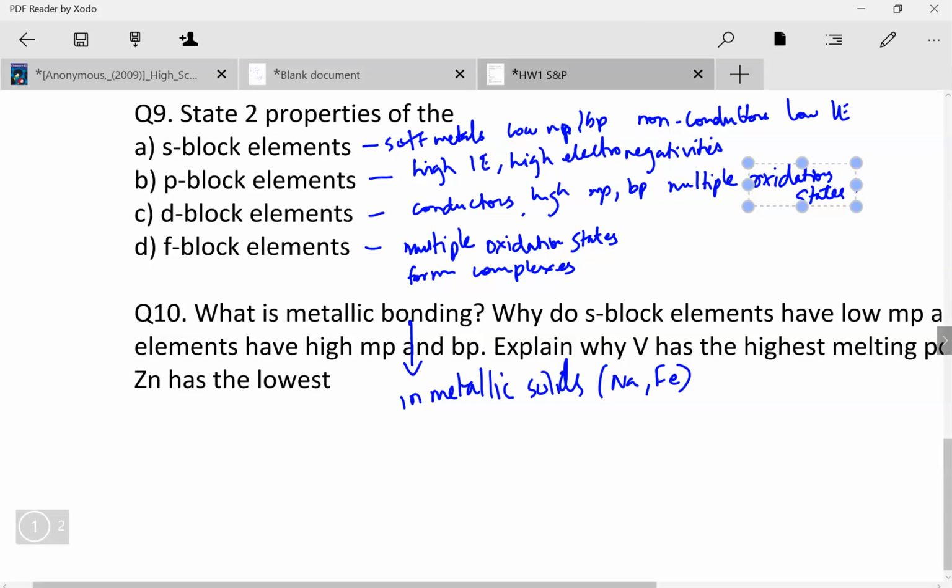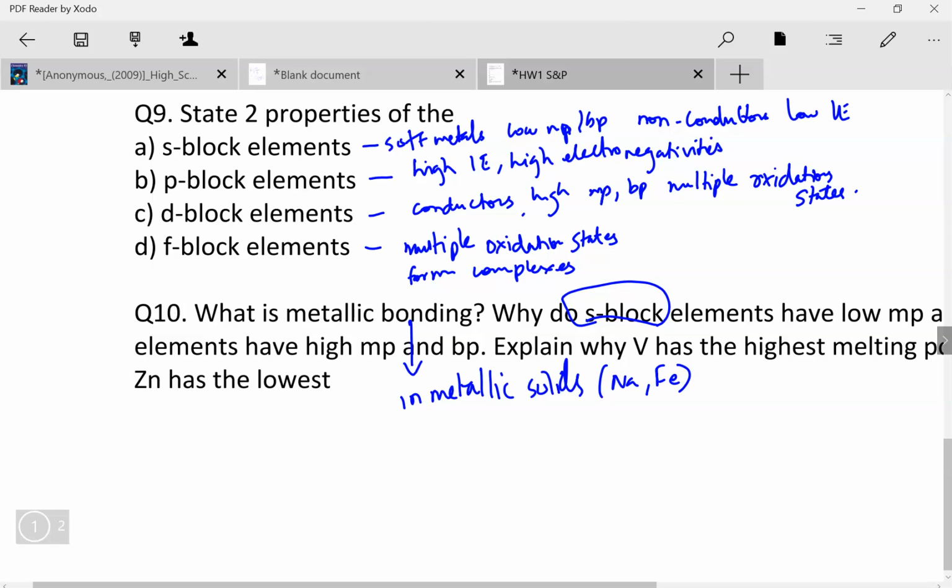They have higher melting points and boiling points than sodium, because sodium lets go of its one electron, but it has only one or two electrons to donate to the sea. So that's what you would say.